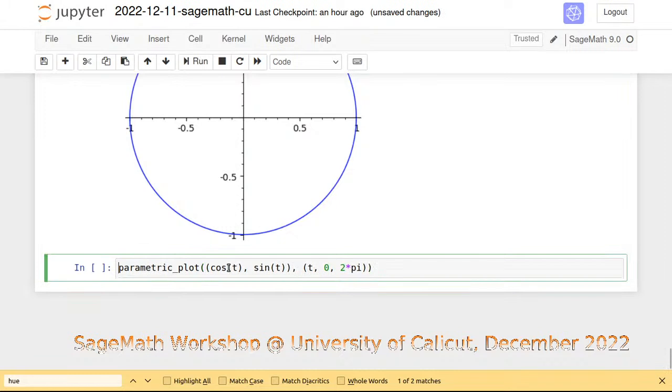Now, if you give 2t and t square, or t and 4t square, we will be getting, y square equal to 4t.